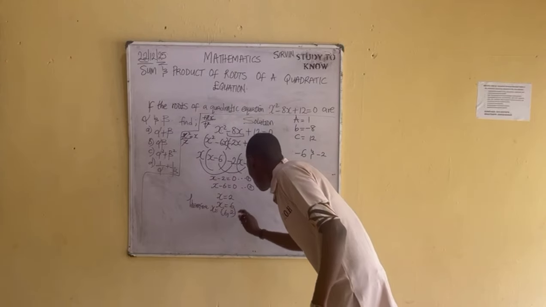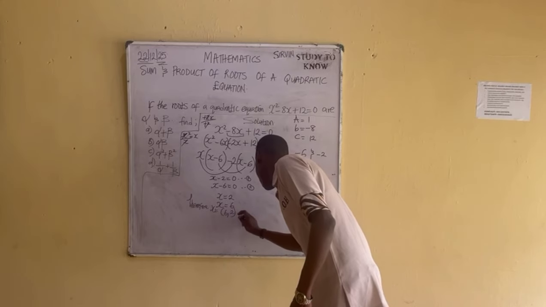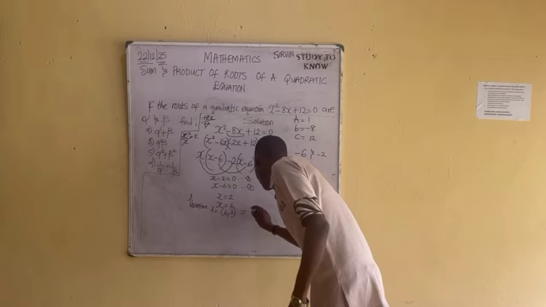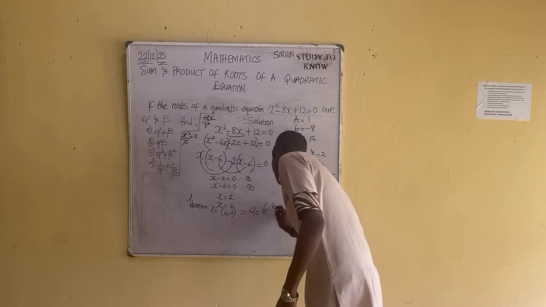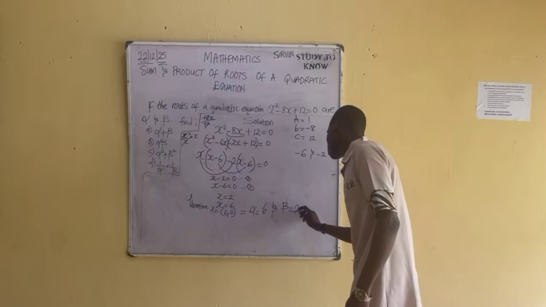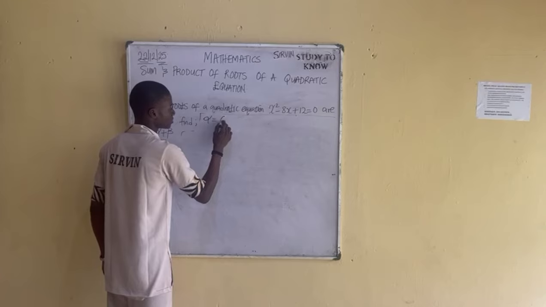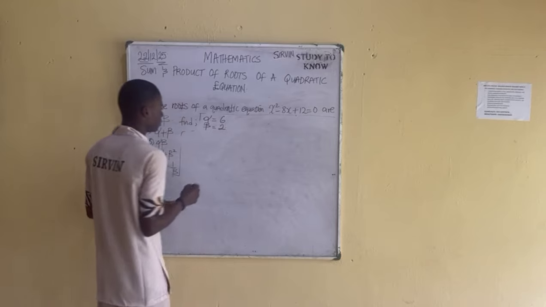Since x is equal to 6, 2, this is also alpha equals 6 and beta equals 2. So we've gotten the two values: alpha is equal to 6 and beta is equal to 2. Okay?